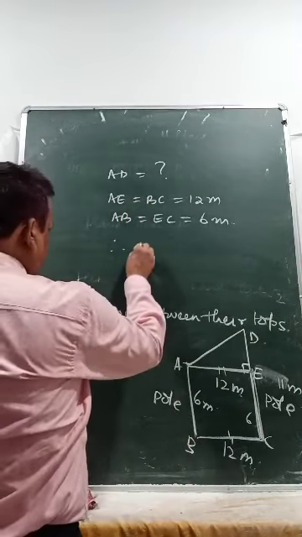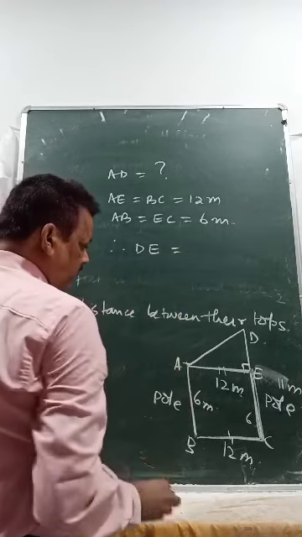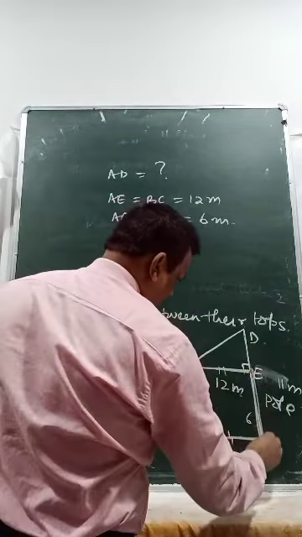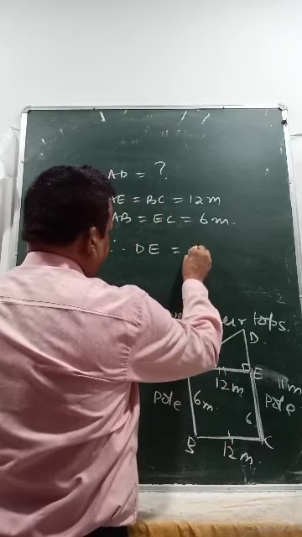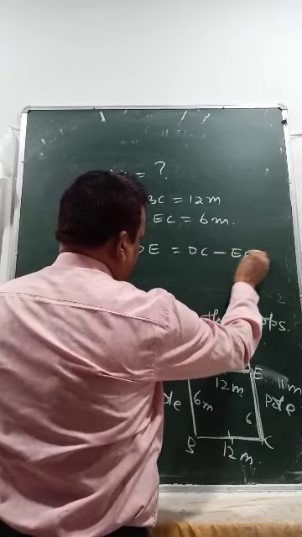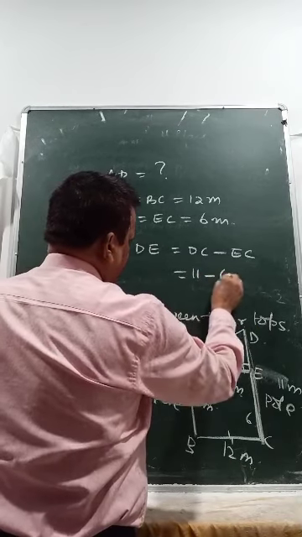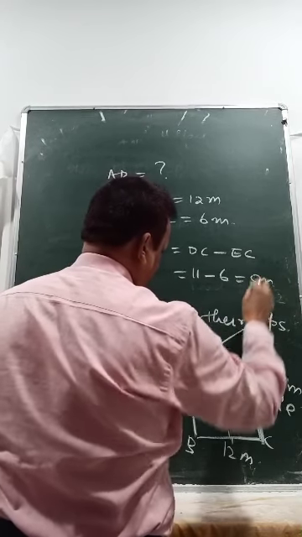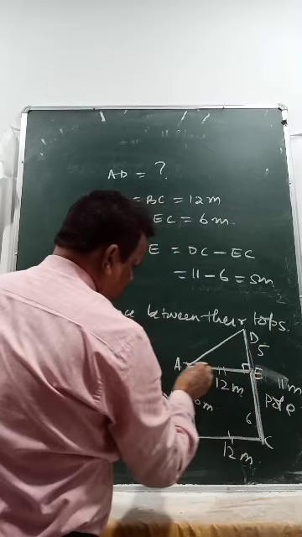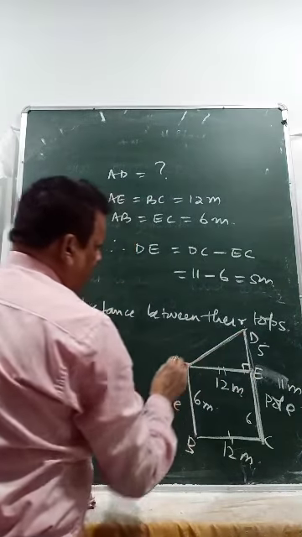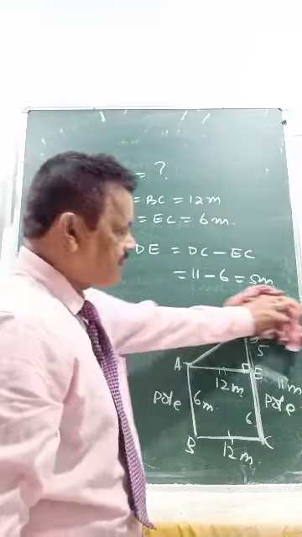So what is DE now? Therefore, DE equals to DC minus EC. DC means how much? 11 minus 6, 5 meter. So this is 5, this is 12, this is what you want to find. So which formula? Pythagoras theorem.